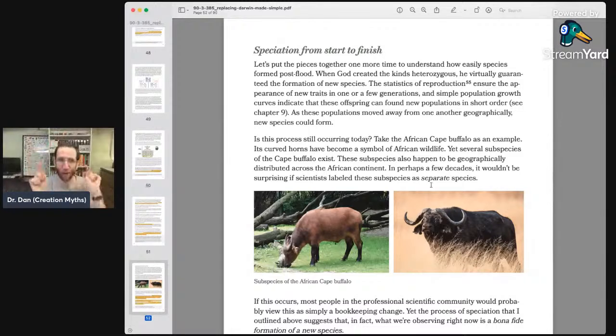And each of them has to lose 7 of those variants and preserve one of them. But they all have to preserve a different one. So species number 1 keeps variant A, but loses B, C, D all the way down the line. Species number 2 keeps variant B, but loses A and C, D, E, F, so on. Species number 3 keeps variant C, and so on for each of those species.